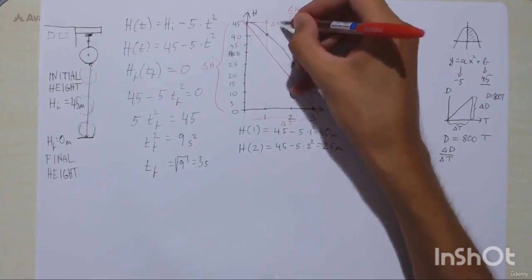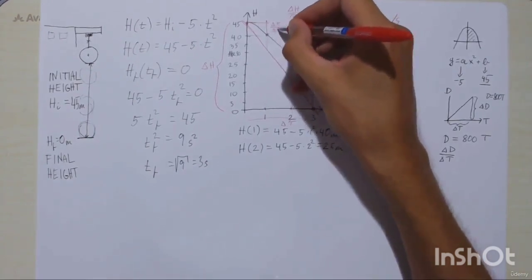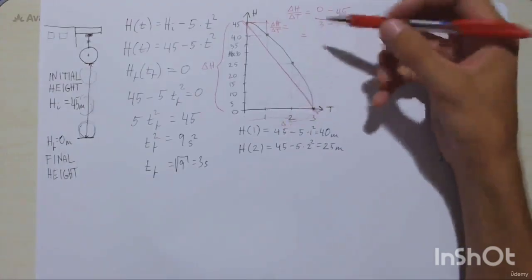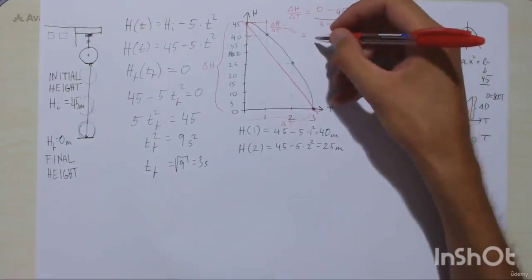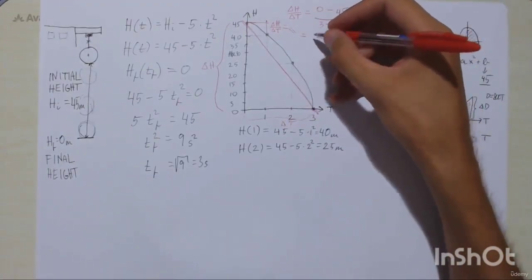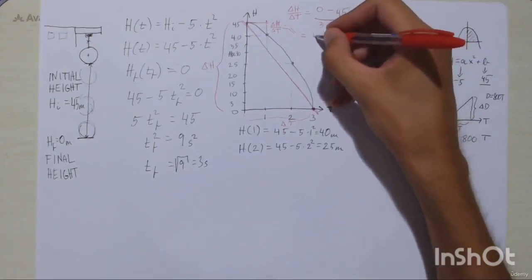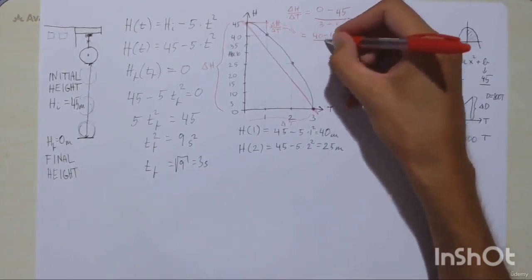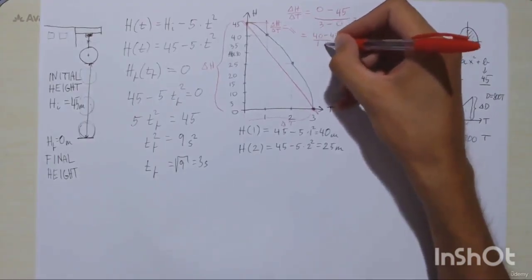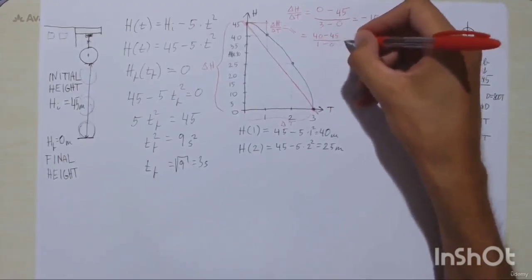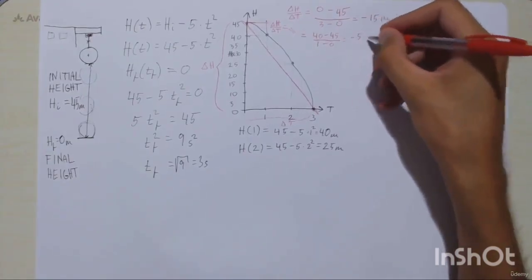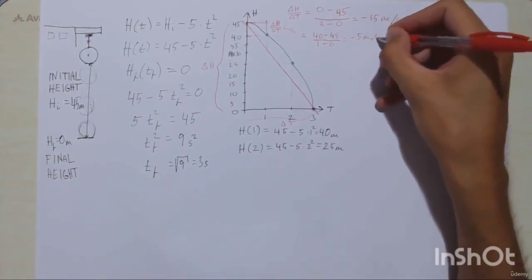It would be delta h over delta t over the time interval of 1 second from 0 to 1. It would be new minus old. So it would be 40 minus 45. And the time interval would be 1 minus 0. And it would be minus 5 meters per second.